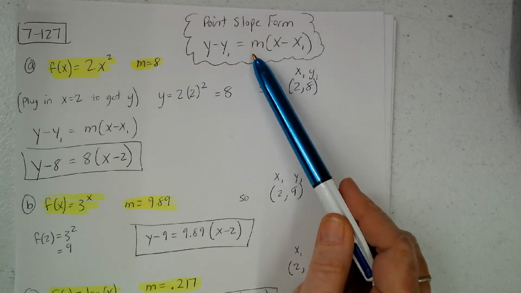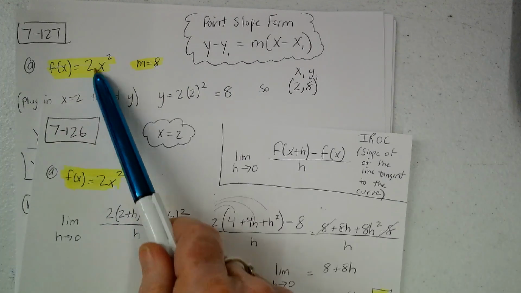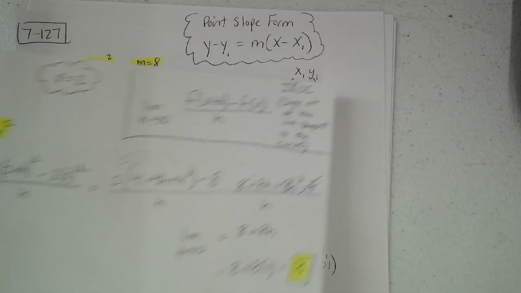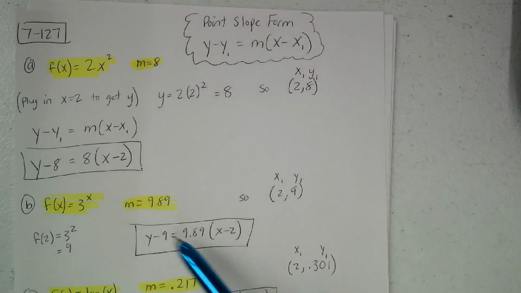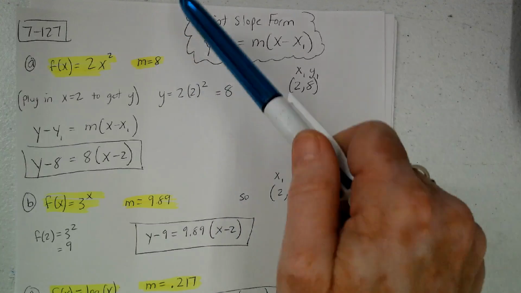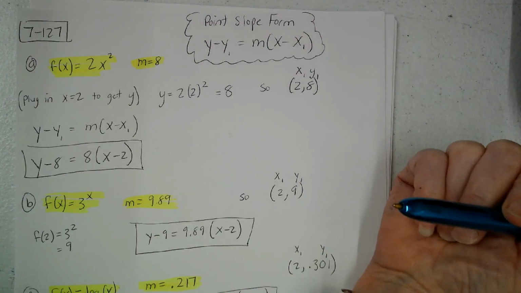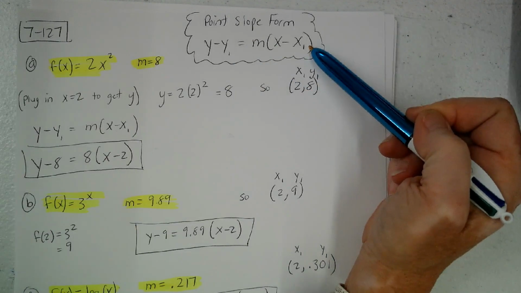But notice that in the previous problem, we just found m, right? There's my function, and the slope we found out was 8. So I've written all my slopes and my functions down on this paper. What I need to do is get a y1 and an x1, and then m.